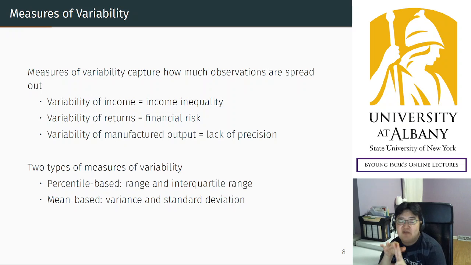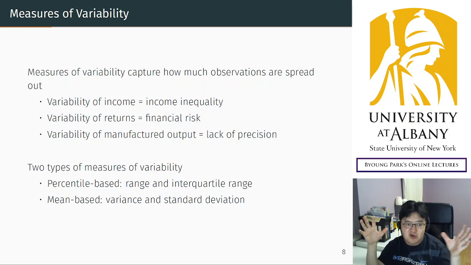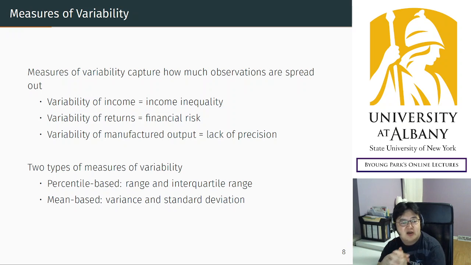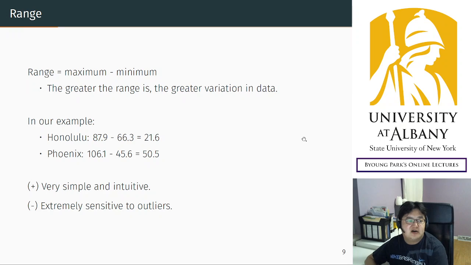So variance and standard deviation are the most famous mean based measures of variability. If you understand the structure of the measures, what's related to what, then it will be easier to follow. Let me start with the simplest measure.